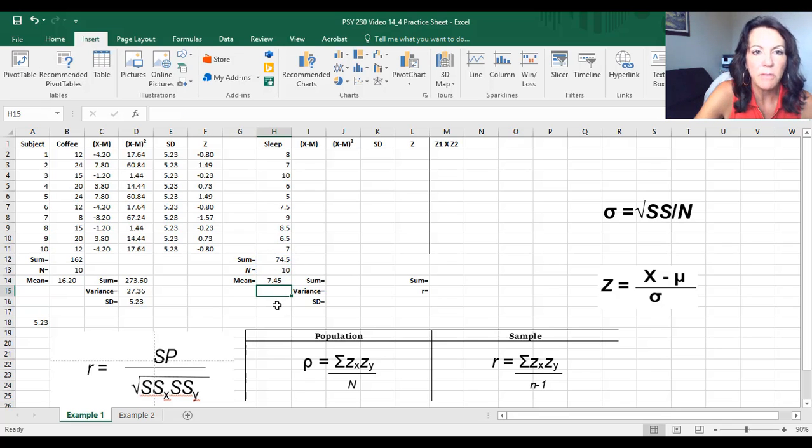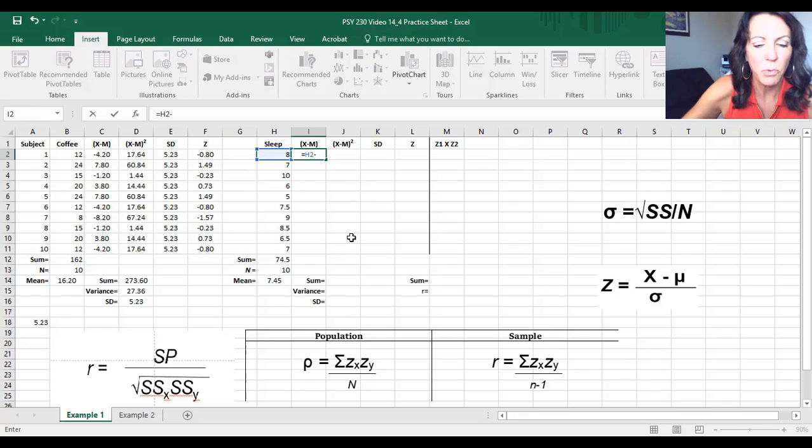And so the mean of the sleep scores is 7.45. We need this mean in order to start to figure out the sums of squares that can lead us to variance and standard deviation. So I have the sleep score of 8 minus the mean of 7.45.